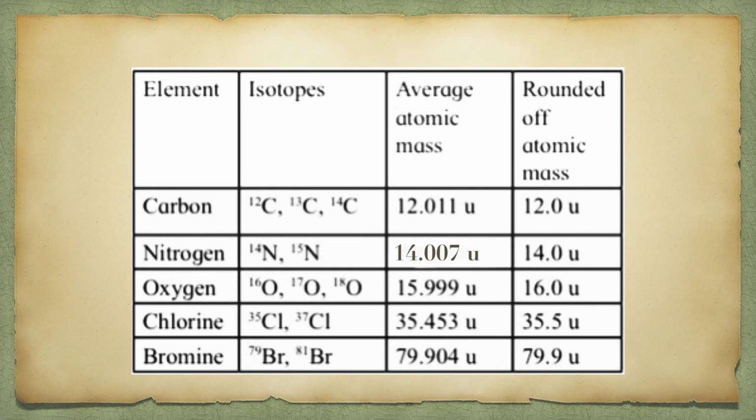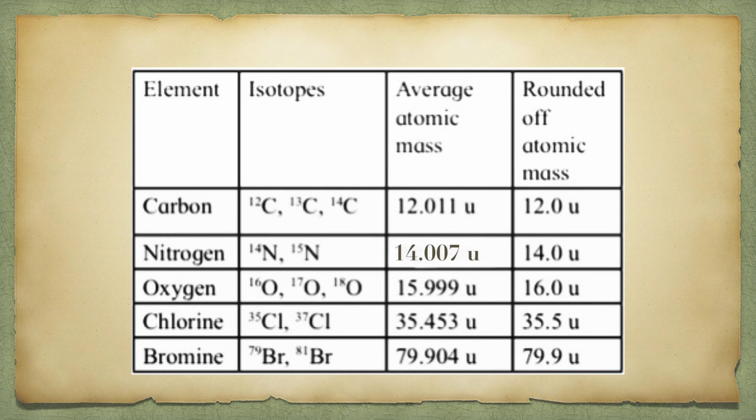The average atomic mass comes out to be 12.011 U, and normally we take the rounded-off figure, that is 12.0 U. For nitrogen, there are two isotopes, N14 and N15, and its average atomic mass is 14.0067 U, and its value is rounded off to 14.0 U.